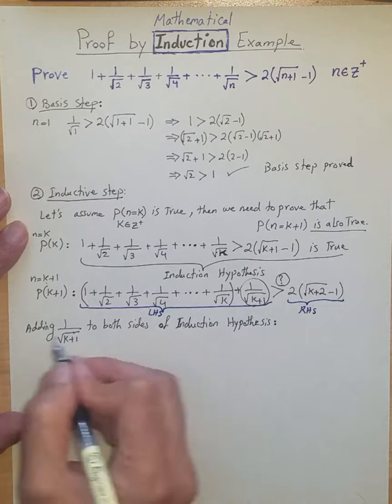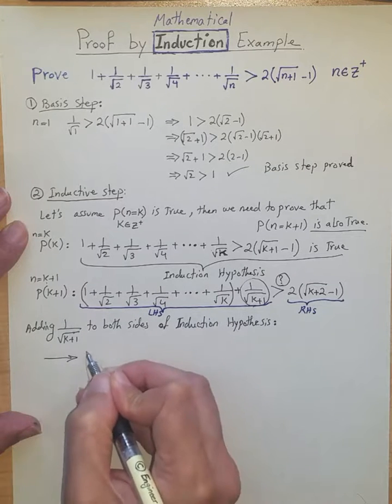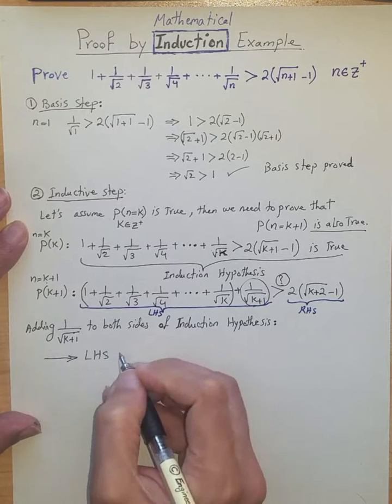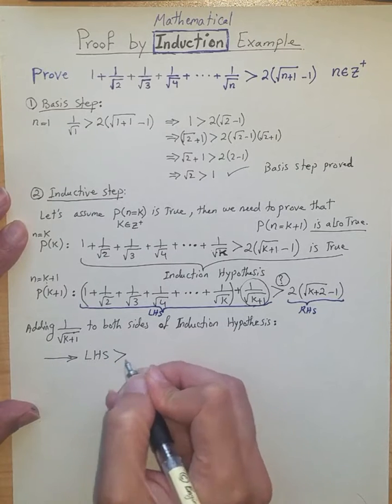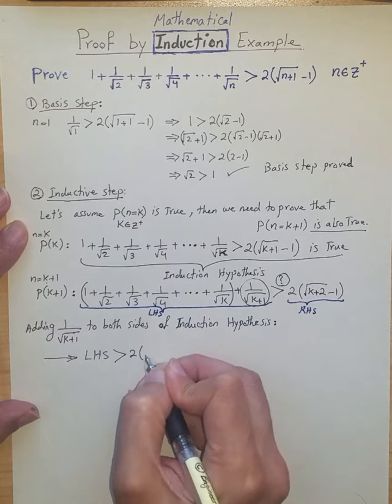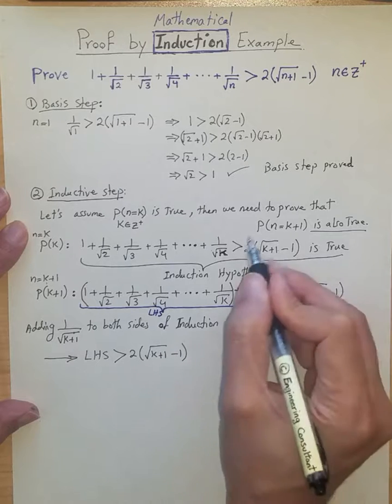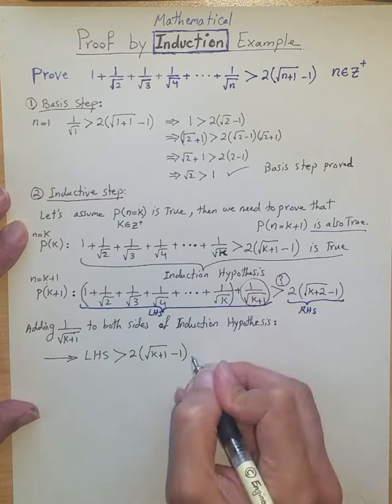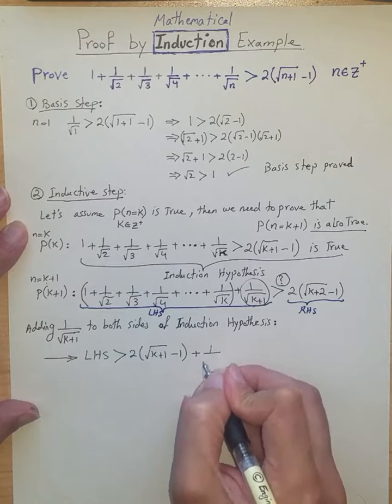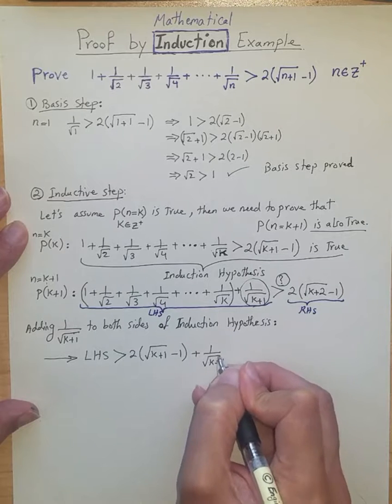So with adding, what I get is left-hand side is greater than 2 times square root of k plus 1 minus 1, that is the right-hand side of the induction hypothesis, plus the component that I added to both sides.